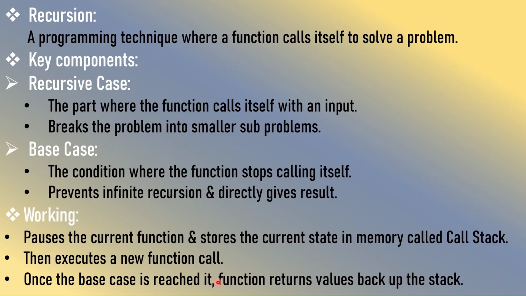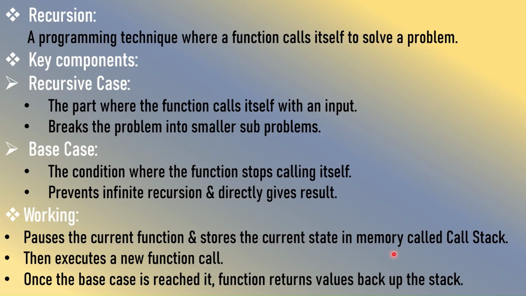Once the base case is reached, the function returns values back from the stack. Once the base case is reached, it means this is the case where the condition is satisfied and the function stops calling itself, right? So whenever that case is reached, the function automatically starts returning back the values from the stack. So this is how it works.